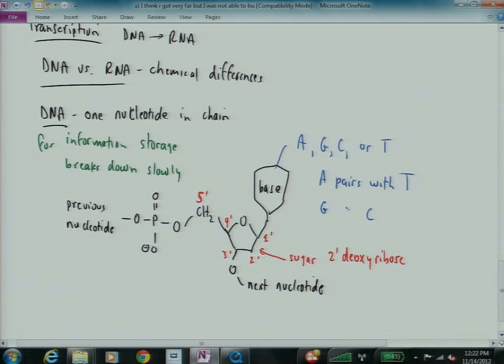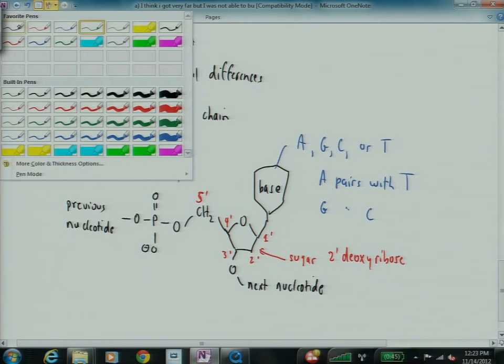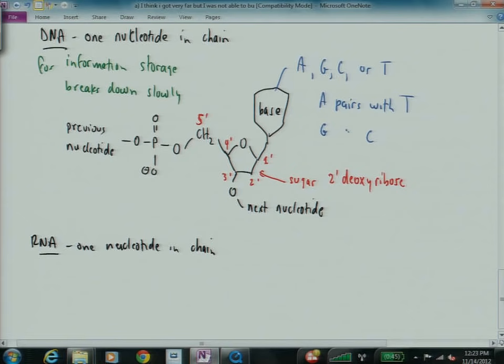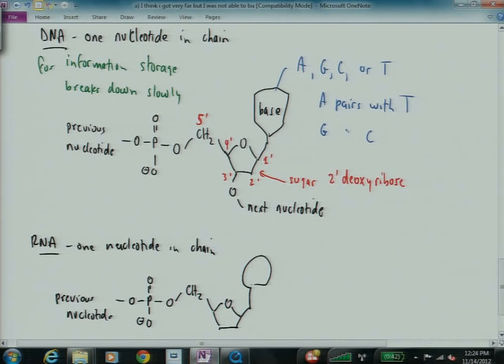So that's what a DNA nucleotide looks like. And if you compare that to an RNA nucleotide, so one nucleotide in a chain, they're very similar, right? There you've got the previous nucleotide, and you have this sugar phosphate backbone. You have this 5-carbon sugar with bases hanging off.